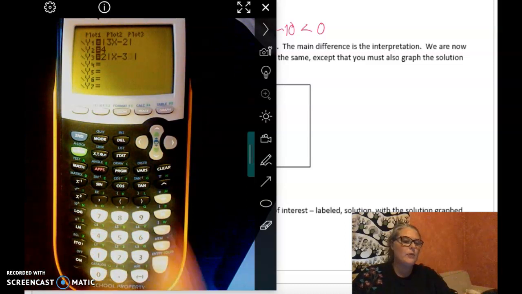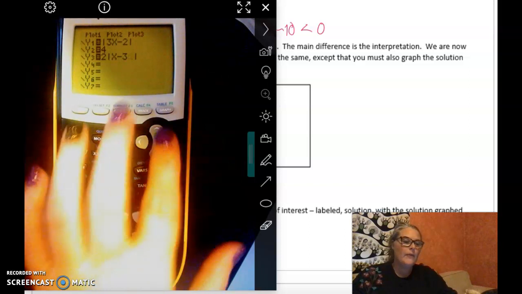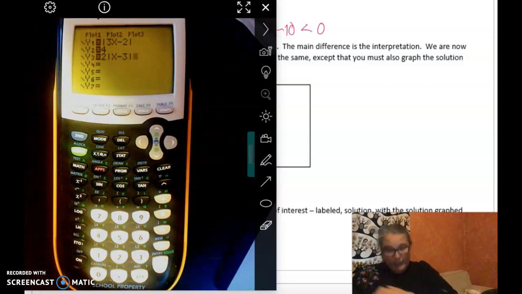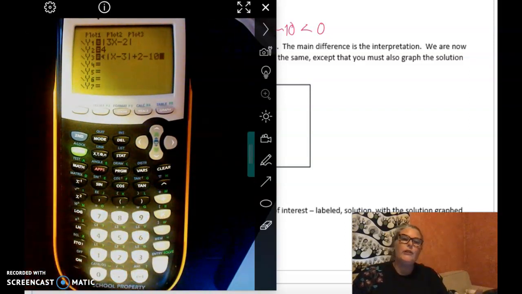If it doesn't give you absolute value bars, I got to use the arrow to get out, or end parenthesis. Excuse me. Sorry. Then plus 2, and then minus 10. You could simplify the plus 2 minus 10 and just write negative 8. I'm just going to copy it down directly from what the problem said.